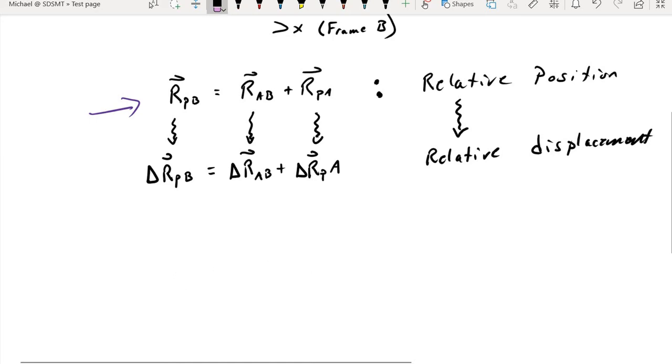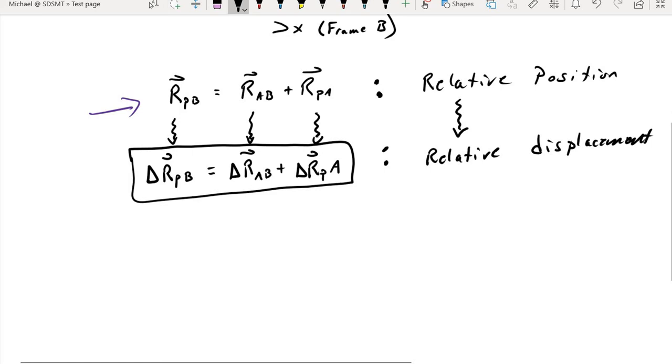So what we're going to do now for additional discussion on this topic is we want to keep this expression as general as possible, and that means that we're not necessarily going to assume that this has to be 0. In fact, we're going to go ahead and assume that one of those reference frames could be moving.